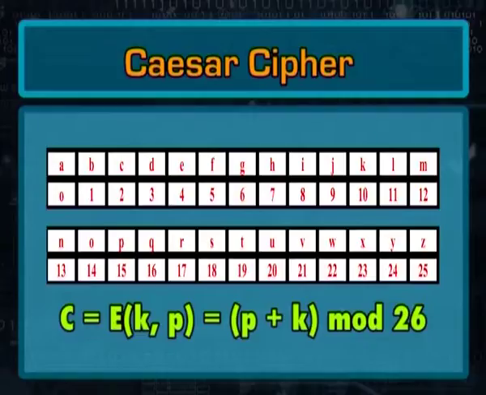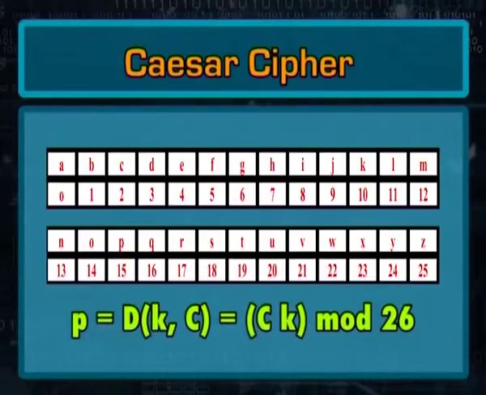So we have generalized the Caesar cipher. It means we will not be taking k as 3 every time. We can take k in between 1 to 25. The decryption algorithm is simply plain text equals (ciphertext minus key) mod 26.